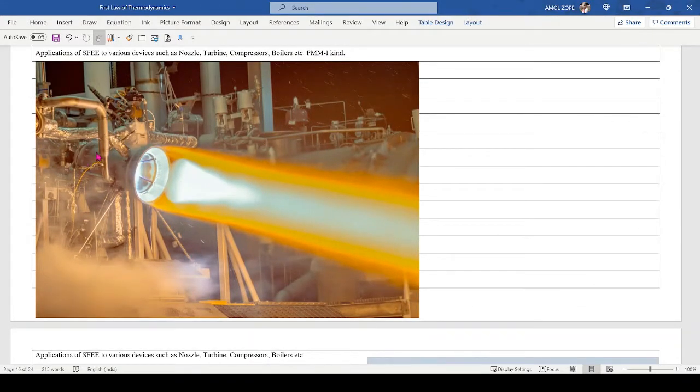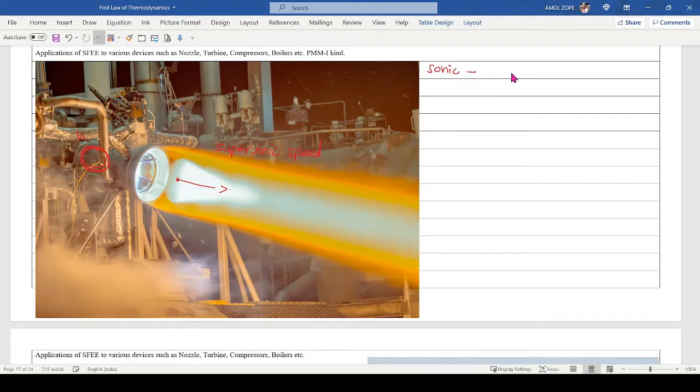Say let it be a test rig, at a location here inside. You can assume the velocity V0, and at the exit there would be a very high velocity. So these velocities will move at a supersonic speed. So what is the sonic speed?